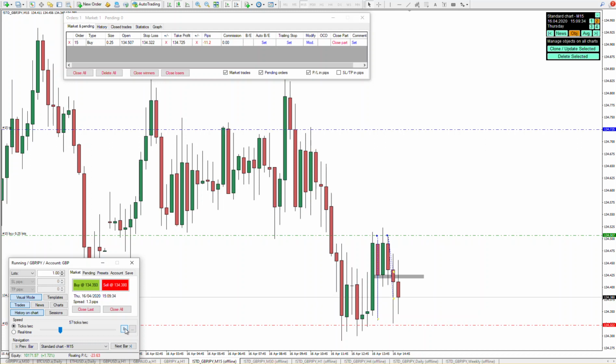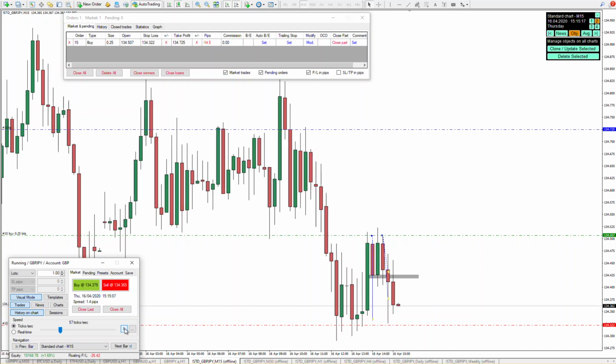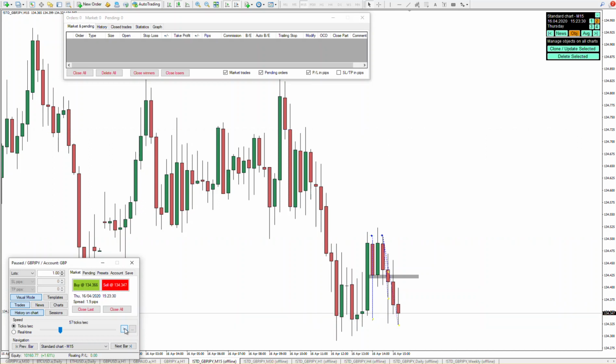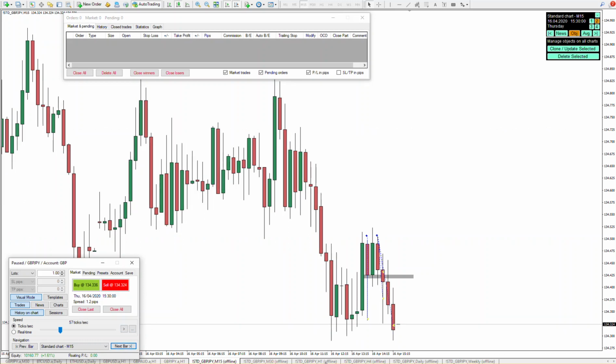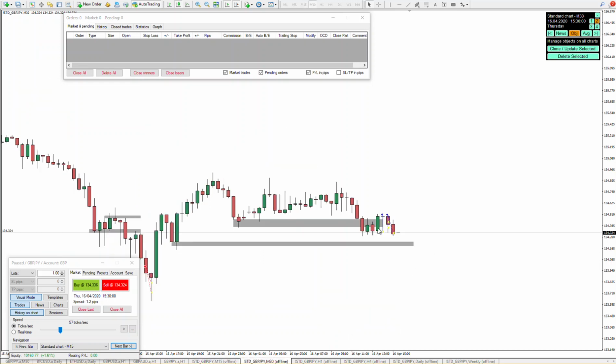This is London open. Sorry, New York open. Oh wow. Stop me out. See how the candle closed below support. And M30 below support.